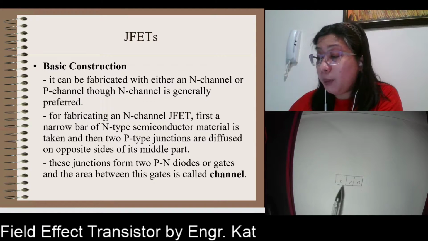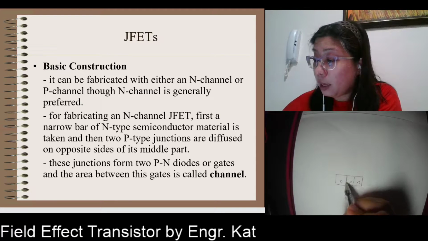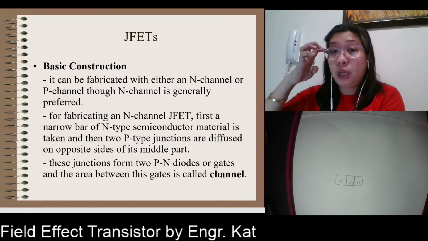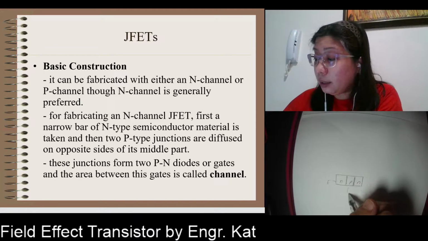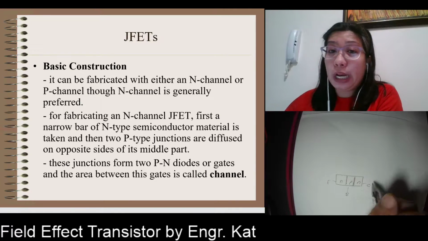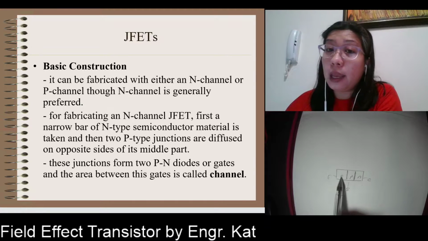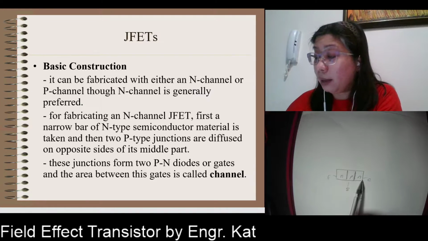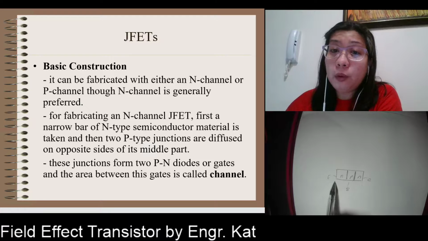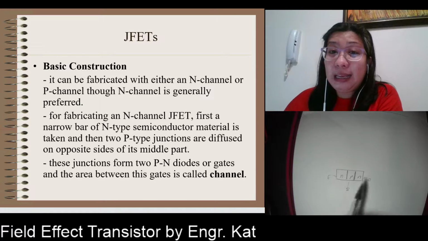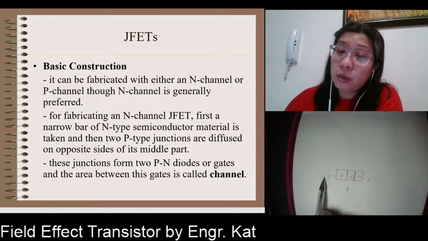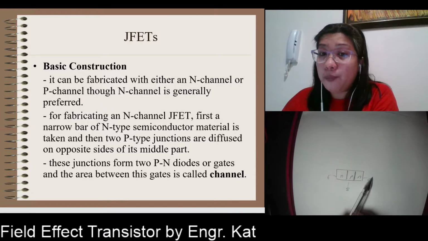So it formed two PN junctions, this is your first PN junction and this is your second PN junction. This is the emitter, this is the base, and this is the collector. Although the emitter and the collector are both made of the same N-type material, the doping is different. The emitter is most heavily doped compared with the collector.